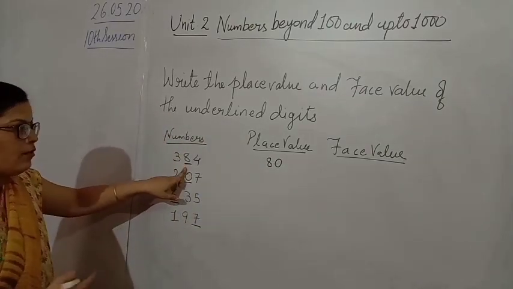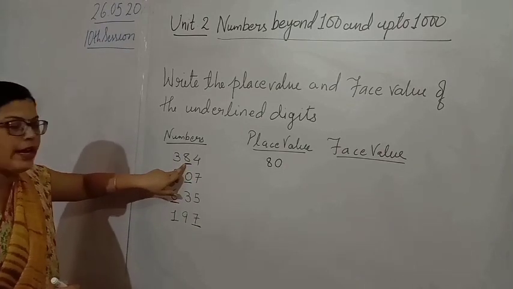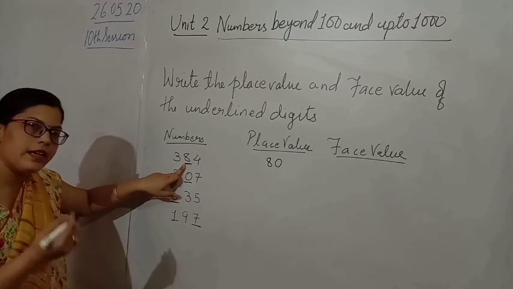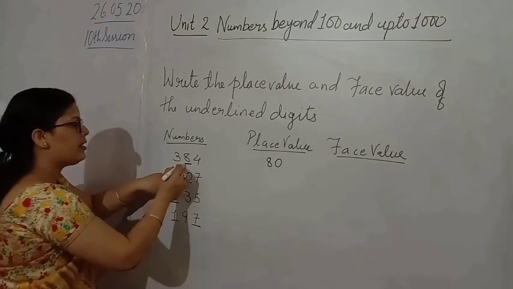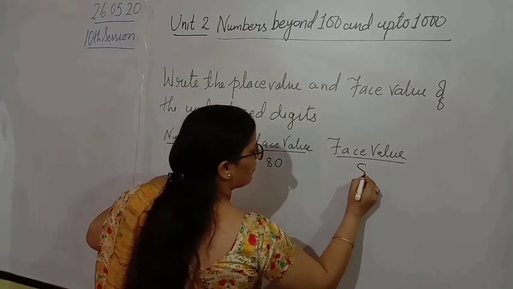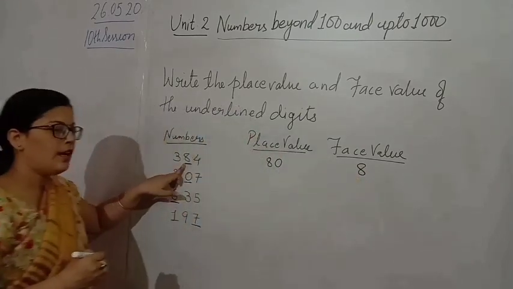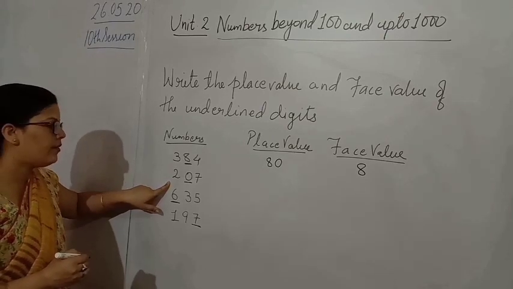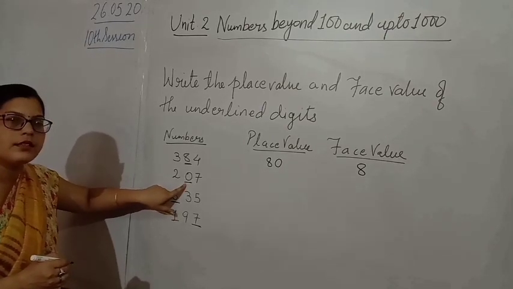Now we have to write the face value of 8. Same digit. So what is face value? Face value of a digit is digit itself. So we'll write the number itself, 8. Clear? Now next number is 207. Underlined digit is 0.